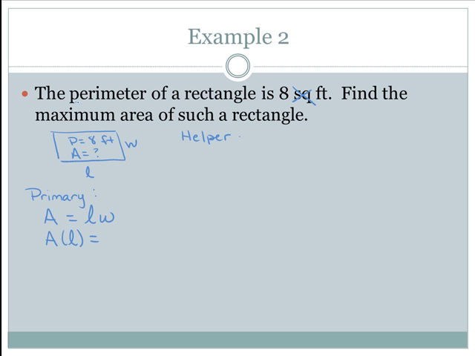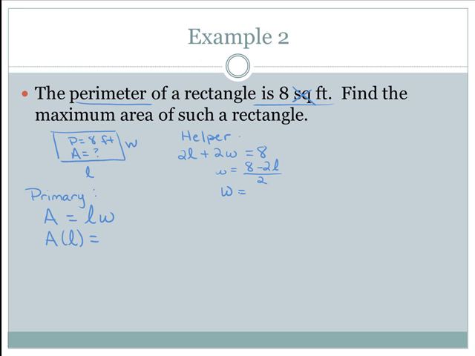The helper equation has to do with the fact that the perimeter is 8. So remember that perimeter is 2L plus 2W equals 8. We want to solve for W, so it's in terms of L. So W equals (8 minus 2L) over 2.